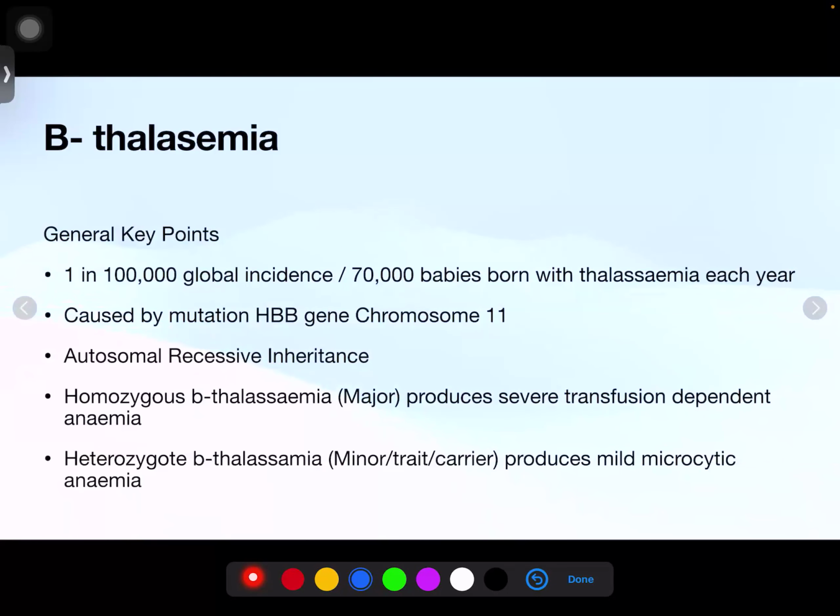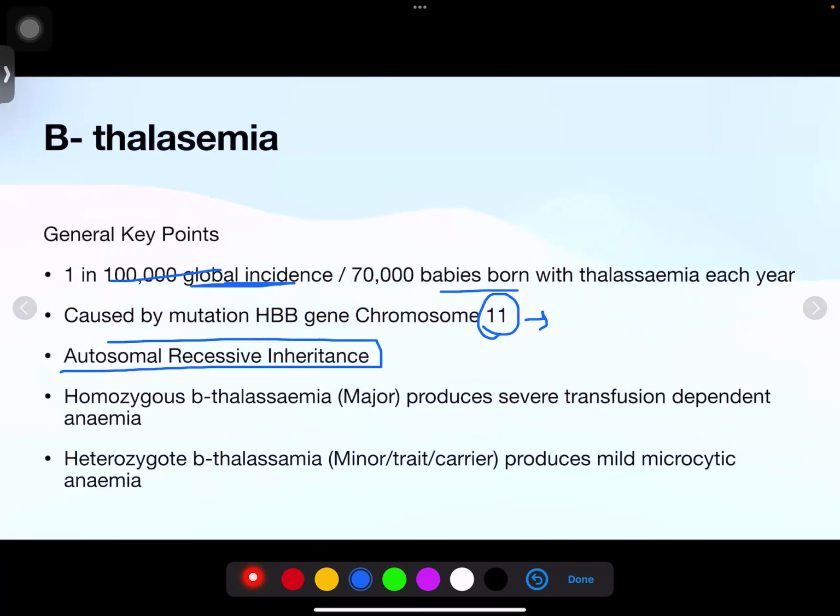The general key points: the global incidence you don't need to remember. Basically, many babies are born with thalassemia each year, caused by a mutation in the hemoglobin gene, which is present on chromosome number 11. This is an important thing. And it has autosomal recessive inheritance.